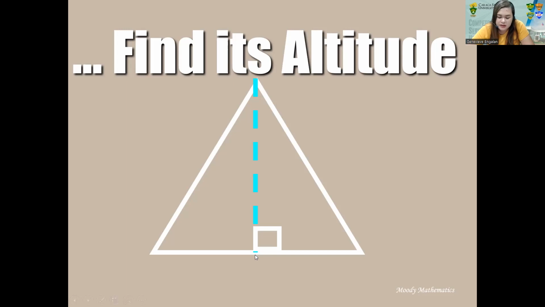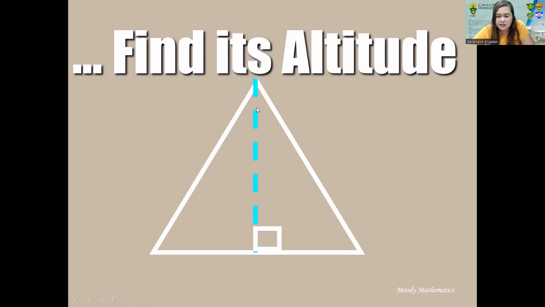Okay, so the base is divided into base over 2 on each side. Okay. So, what is the measure of each interior angle of an equilateral triangle? 60 each. Equilateral, so it is equiangular. Yes, ma'am. So, 60, 60, 60.